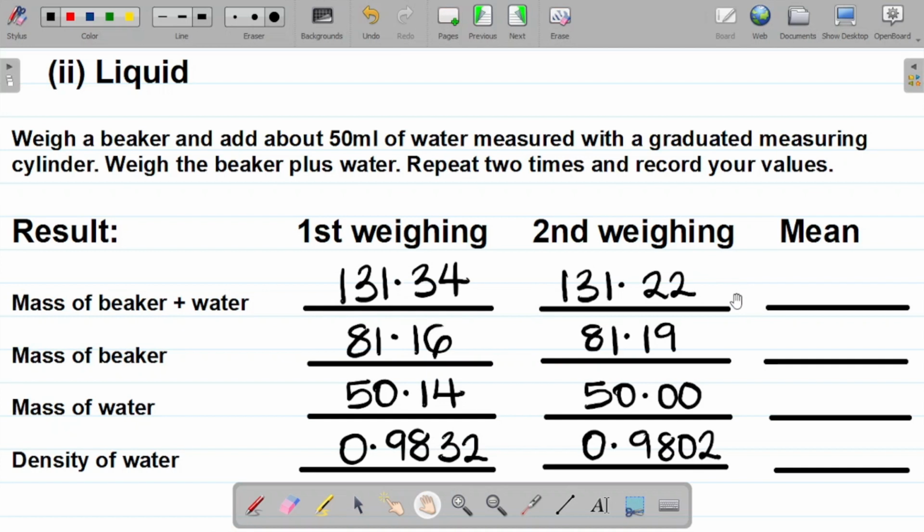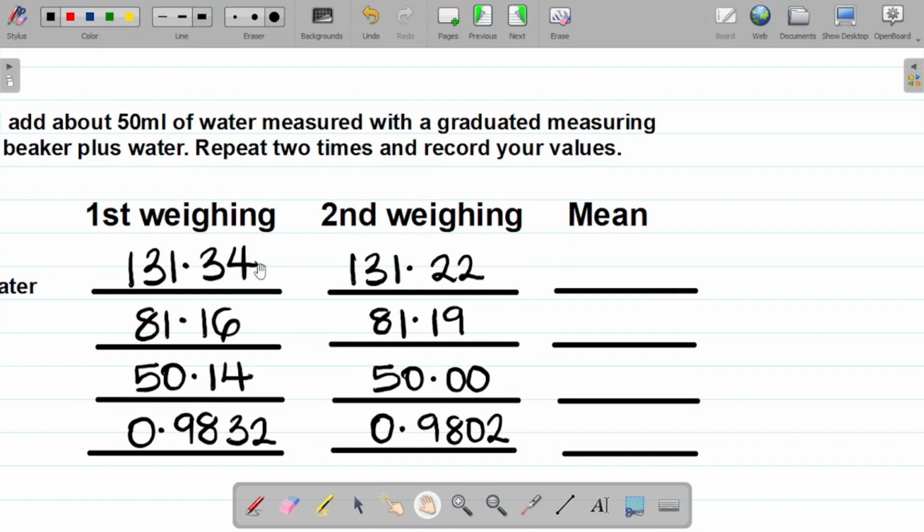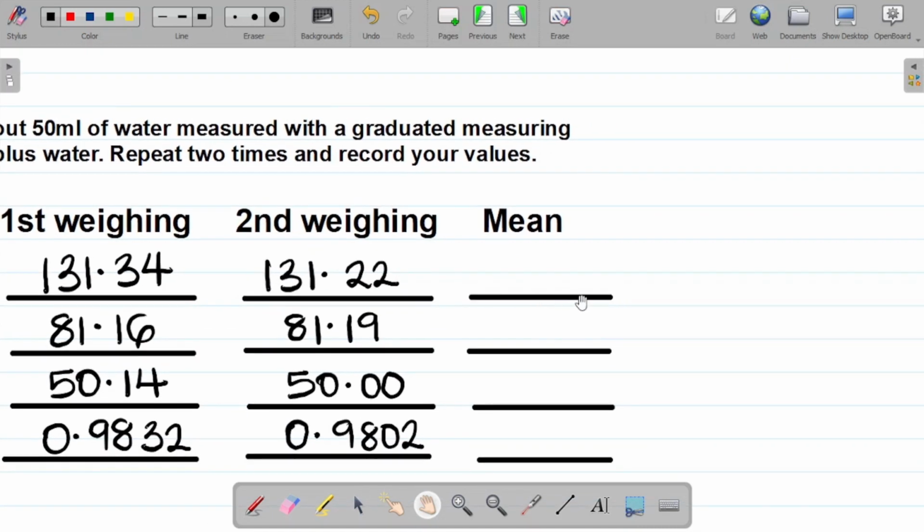All right, so my task now is to find the mean of each of these. The first one is the mass of beaker plus water, and I have my first weighing and second weighing. I'll just add them up and divide by 2, since I have 2 weighings, and get my mean.